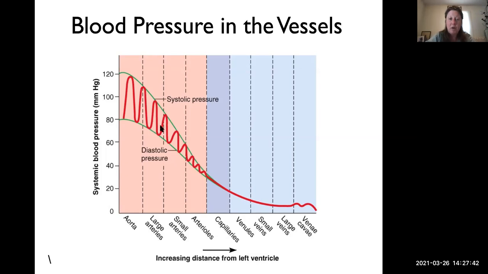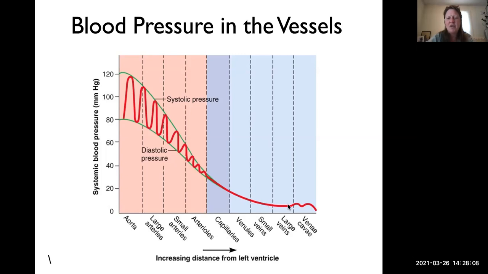So the reason we focus on the systemic arteries is because it gives us information about the heart and information about whether circulation is adequate to meet the needs of the body. Also, the pressure in the capillaries is very low and would be really hard to measure, considering how tiny those vessels are.